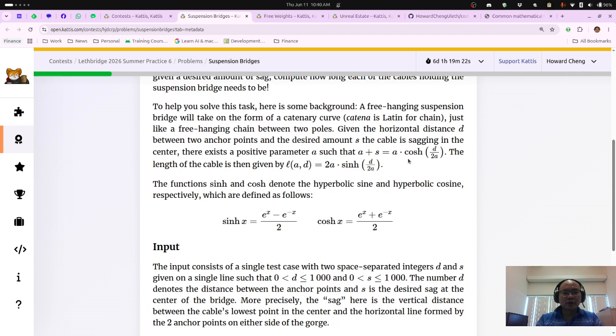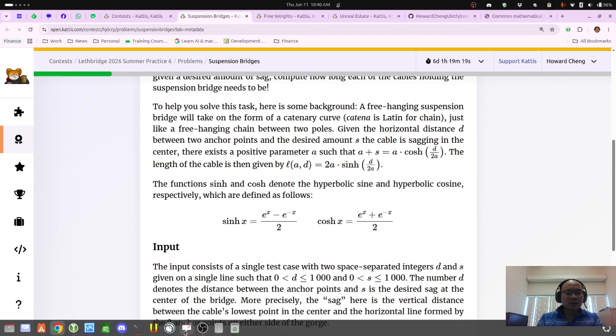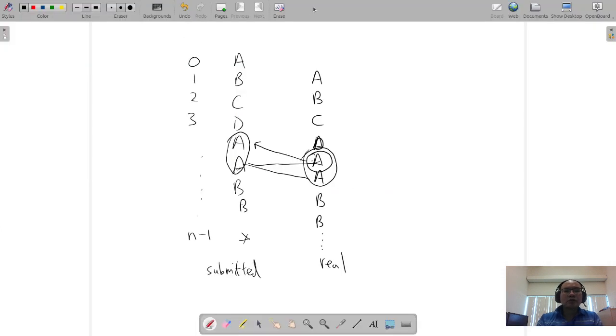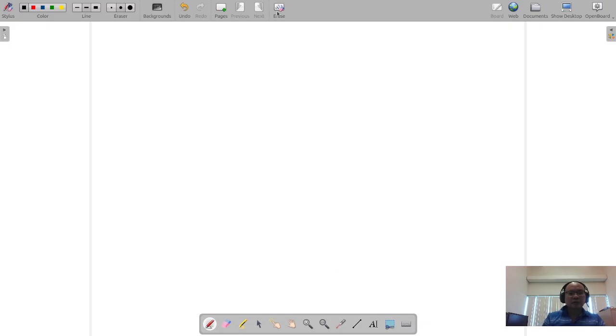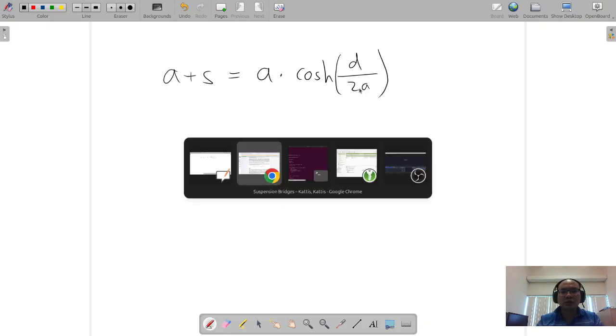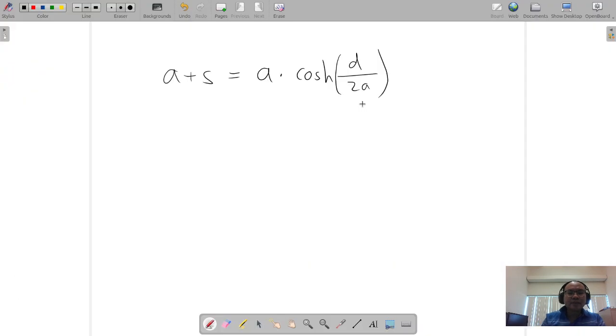When you try to solve equations like this, quite often what you want to do instead of writing A plus S equals A times hyperbolic cosine of D over 2A, let me just make sure I got this right. Yeah.